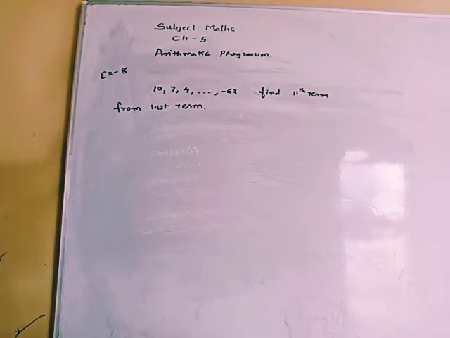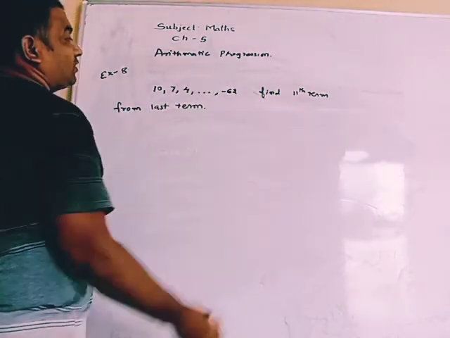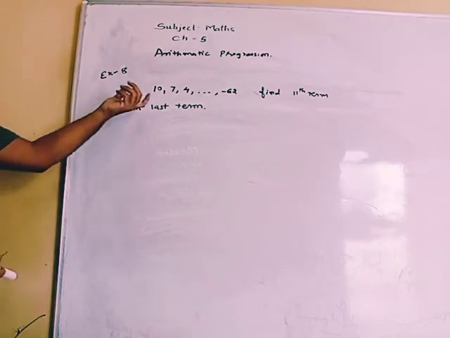Now example 8 is given: the AP 10, 7, 4, and so on up to minus 62. Find the 11th term from the last term.